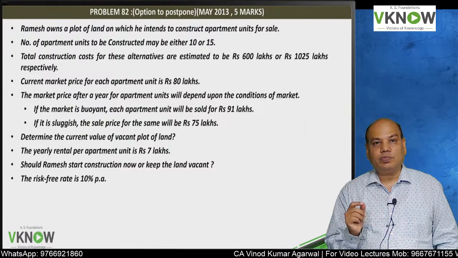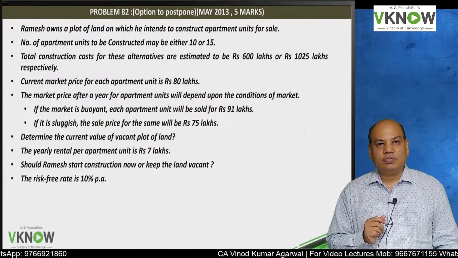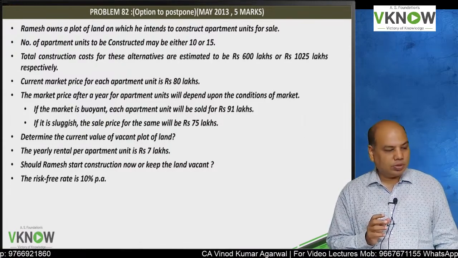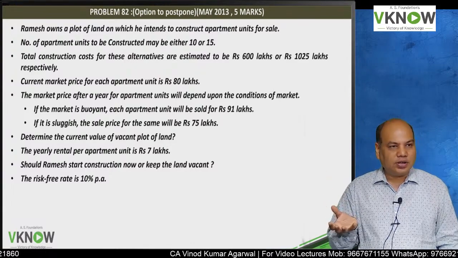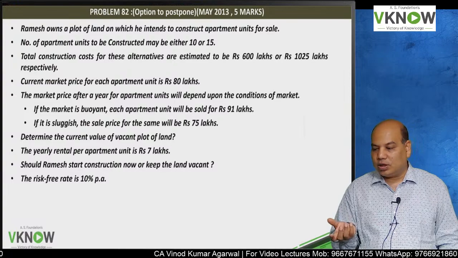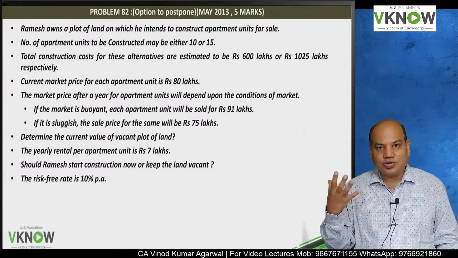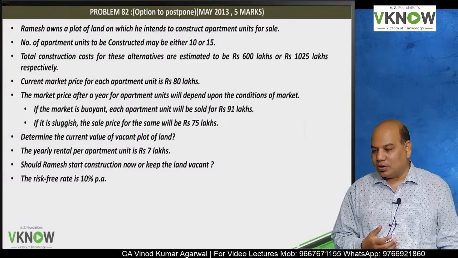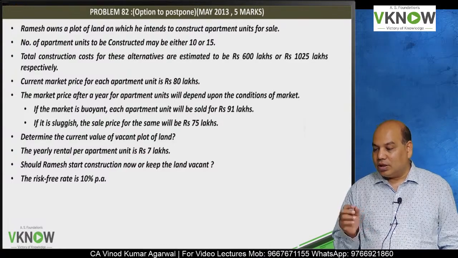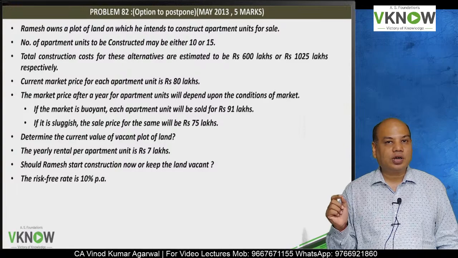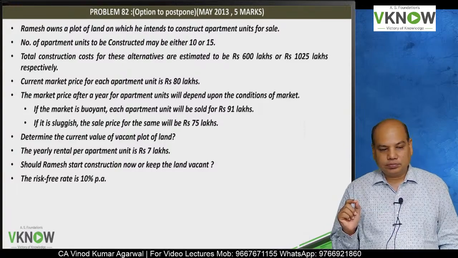If the market is buoyant, what is buoyant? That is, if there is a large demand, huge demand, people are searching for new apartments, demand is more than supply, each apartment will be sold for 91 lakhs.